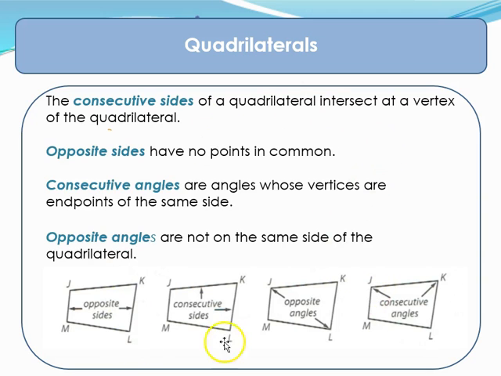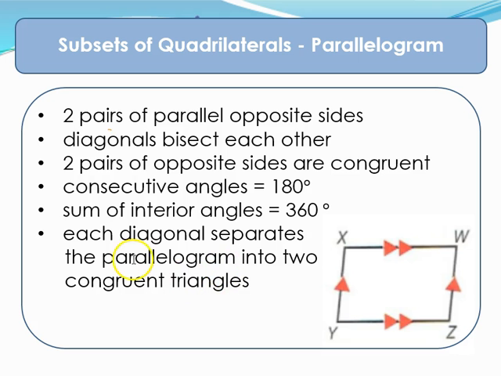So these are the basics about quadrilaterals. They're also two-dimensional figures with four straight sides. What we'll be dealing with for the most part will be the subsets of quadrilaterals, which are parallelograms.